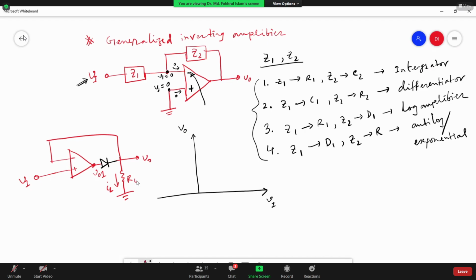A 100% half wave rectifier, like this one, for the positive cycle and for the negative cycle. The slope is 1. So this is basically a precision half wave rectifier.